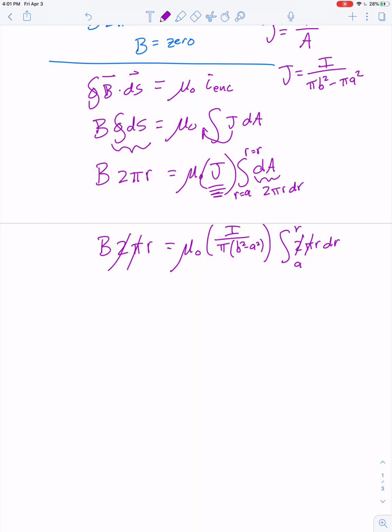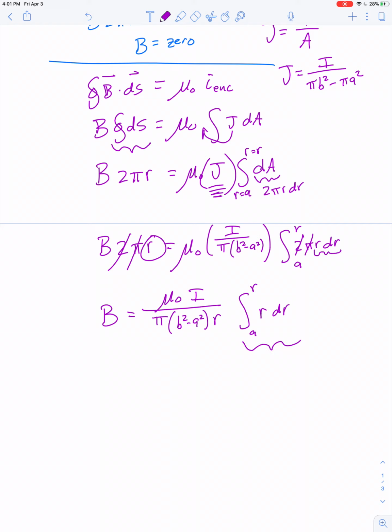So we have B equals mu naught I divided by pi times (b squared minus a squared), don't forget this r, times the integral of r dr from a to r.